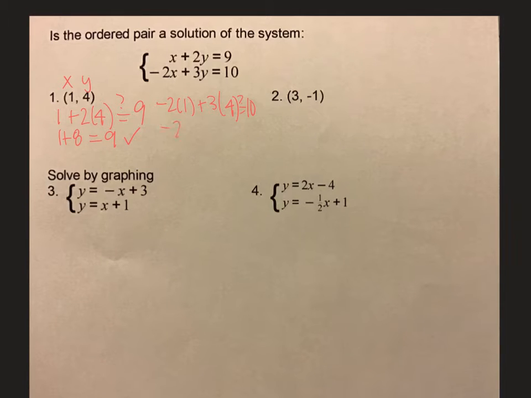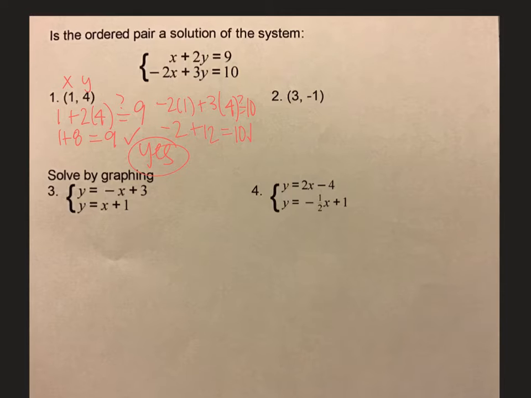Negative 2 times 1 is negative 2. 3 times 4 is 12. Negative 2 plus 12 is 10, which is what we needed. So since both of those equations work, it's going to be a solution of that system of equations.